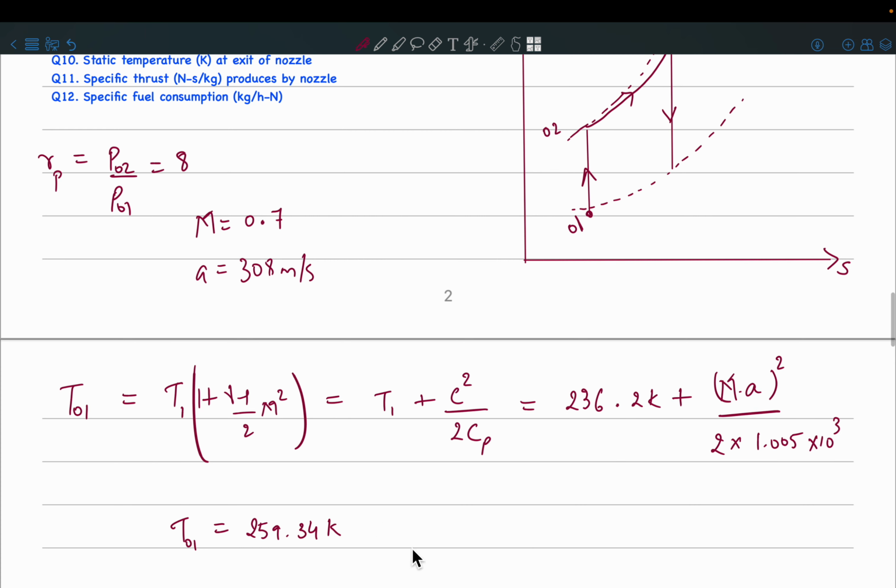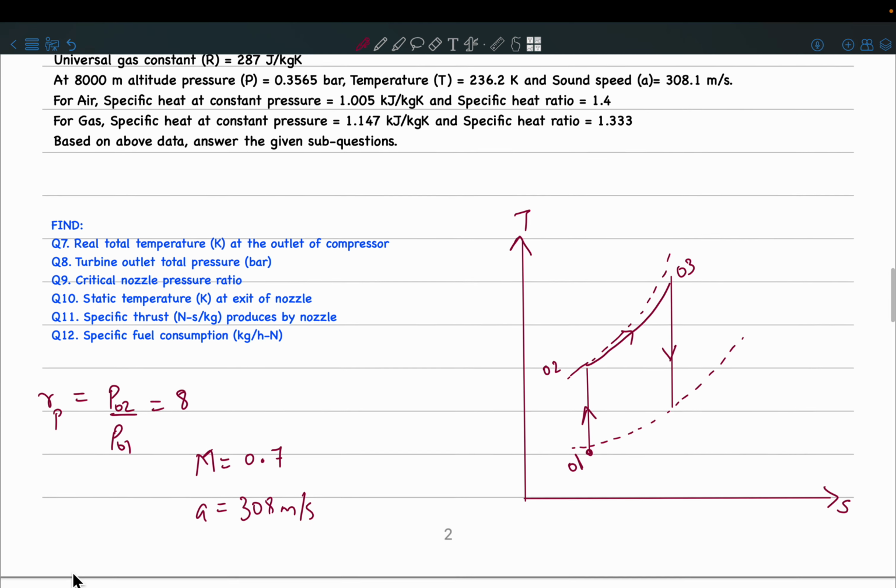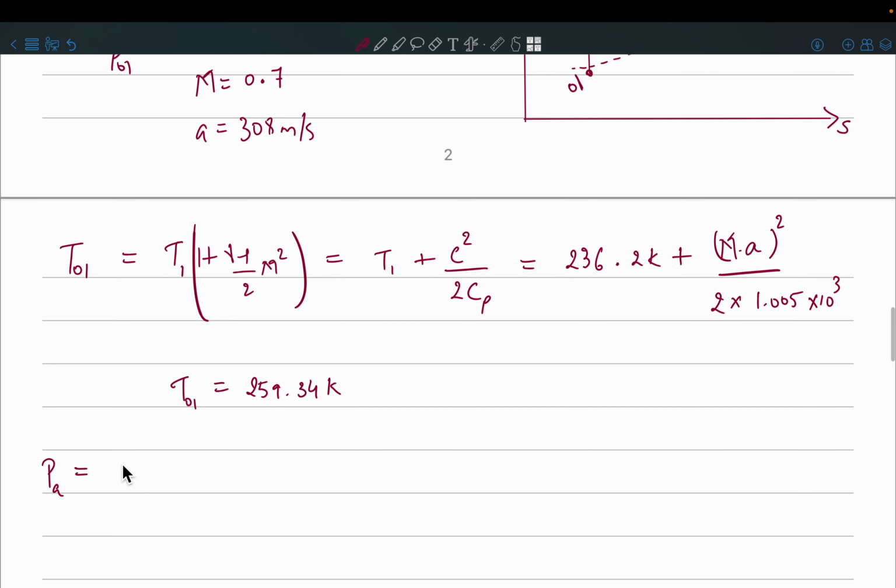Now we also know the pressure at the inlet. P ambient is given to us, right? It is given to be 0.3565 bar, so I'll write that here. So we can calculate P01. What is P01 going to be?